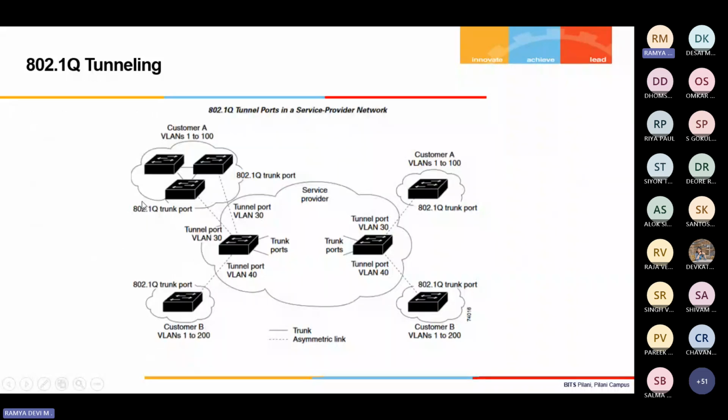Fine. Now we'll see an example of the 802.1Q tunnel ports in the service provider network. This diagram shows how the service provider uses 802.1Q tunneling to transport the VLAN tagged information from multiple customers within the shared infrastructure without VLAN ID conflicts.